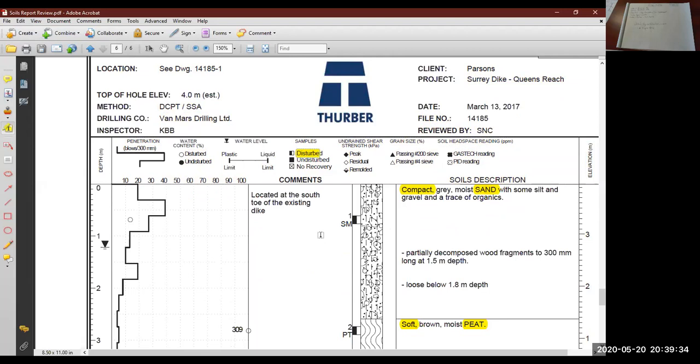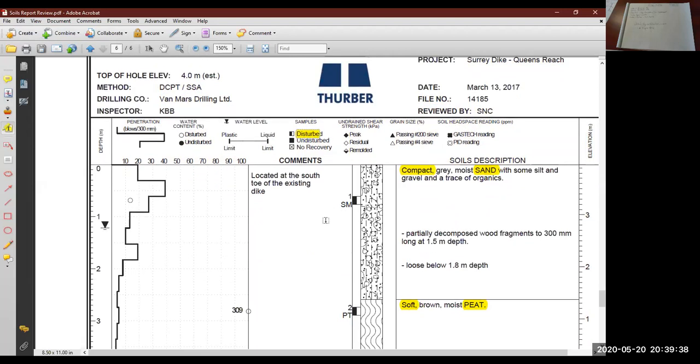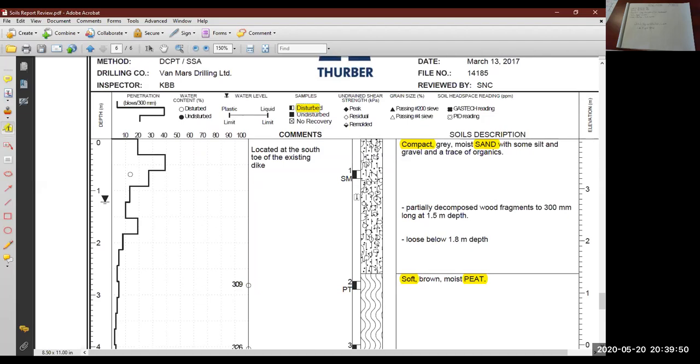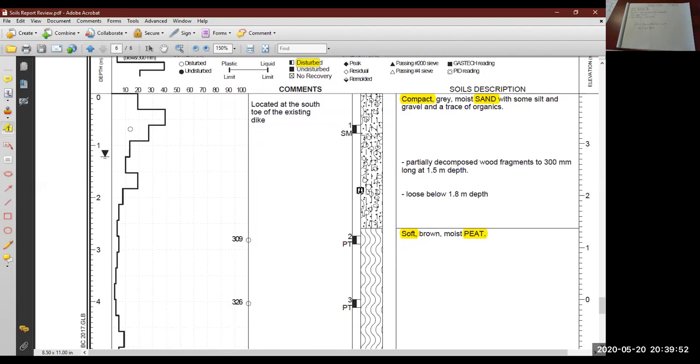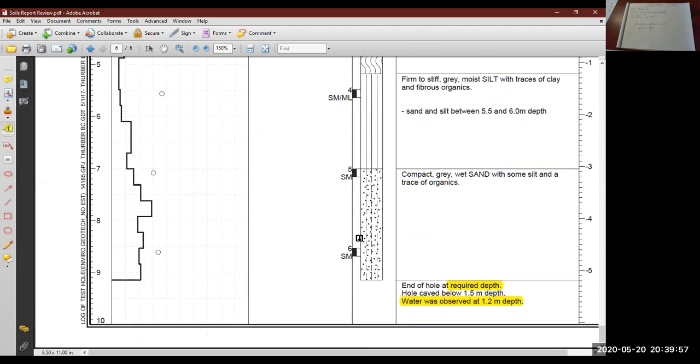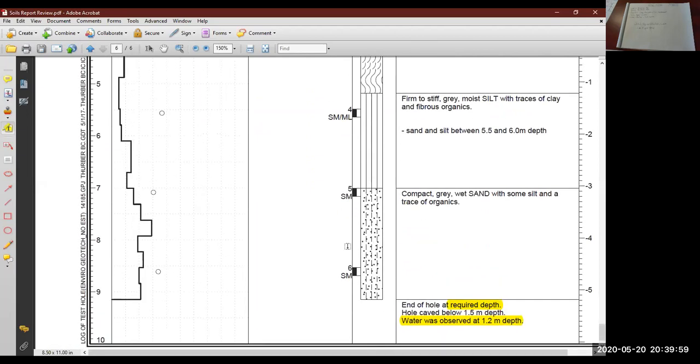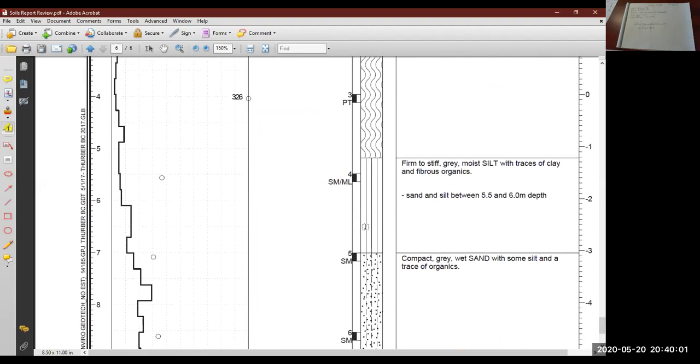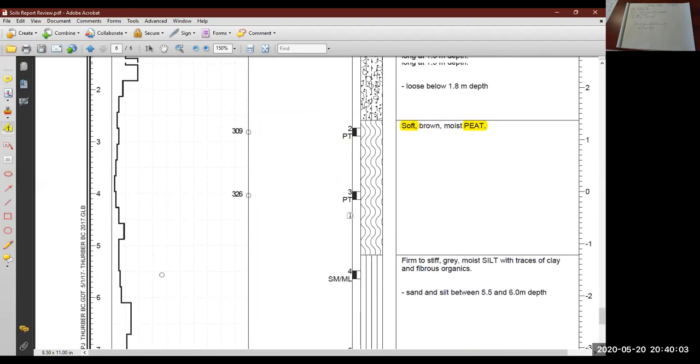So as it came out of the core bit, did it come out as one piece, or did it come out fragmented, not as a cylinder? So these were all disturbed, we're told by that symbol. Yeah, so the whole 9-meter column came out as bits and pieces.